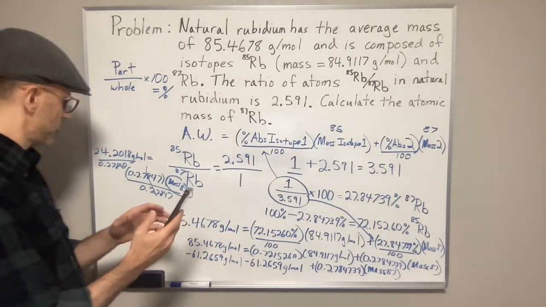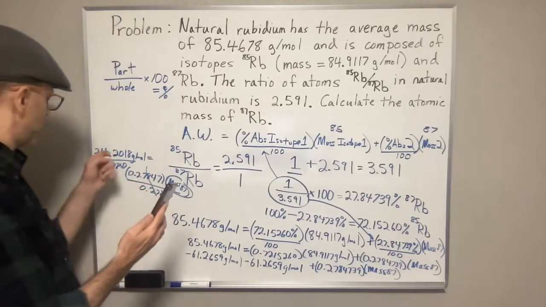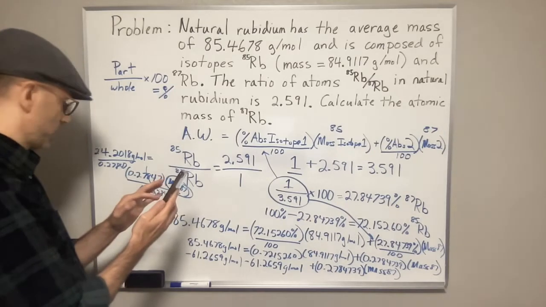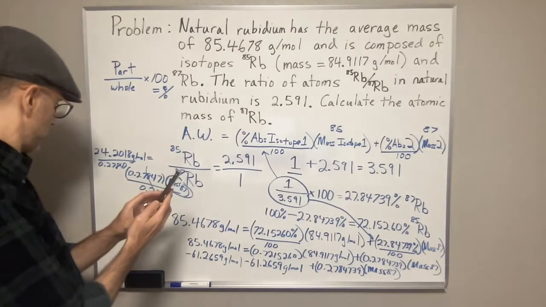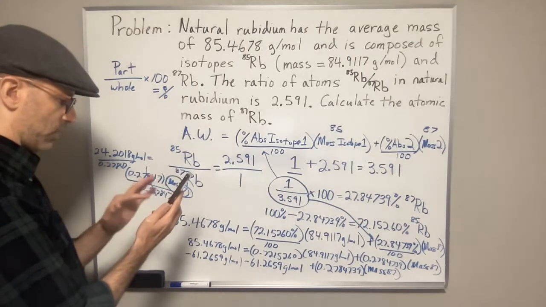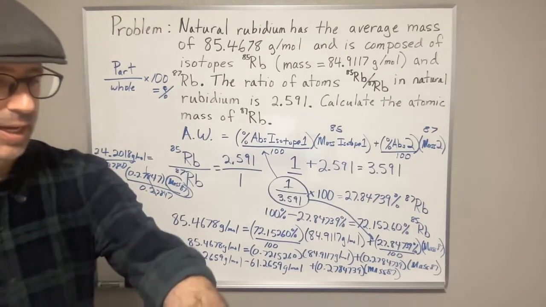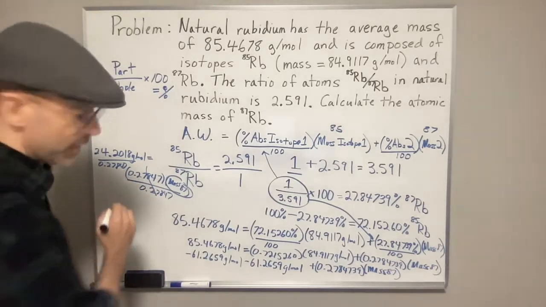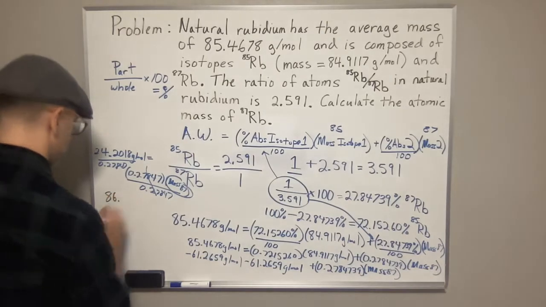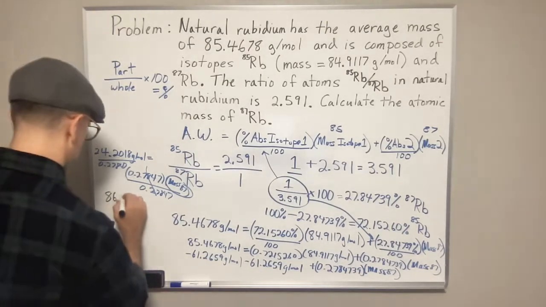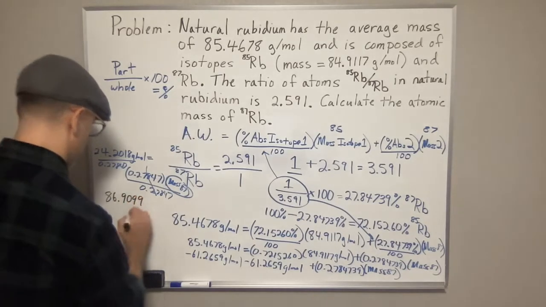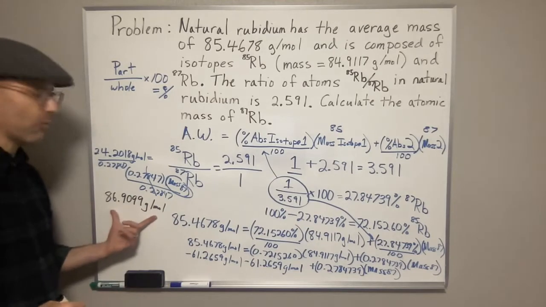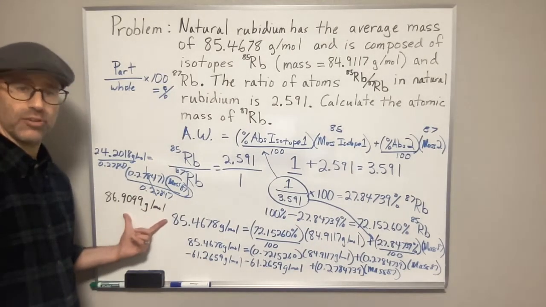And so the answer is going to be this number divided by 0.27847 equals, and I get 86.9099 grams per mole. And so that would be the mass of isotope 87.